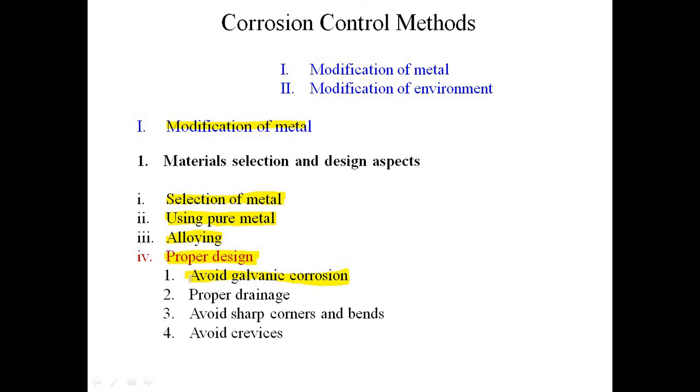We understood that there is corrosion due to the difference in the electrode potential. So we should avoid such situations, having two different metals in contact with each other, or having metals with small spaces where the moisture can accumulate and corrode the metal. You can avoid such things by designing it properly.